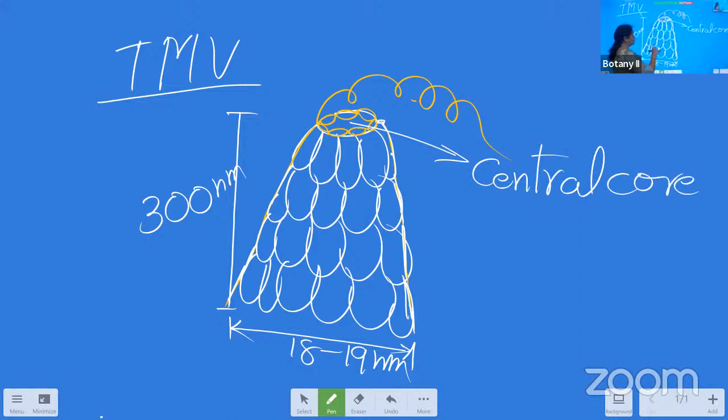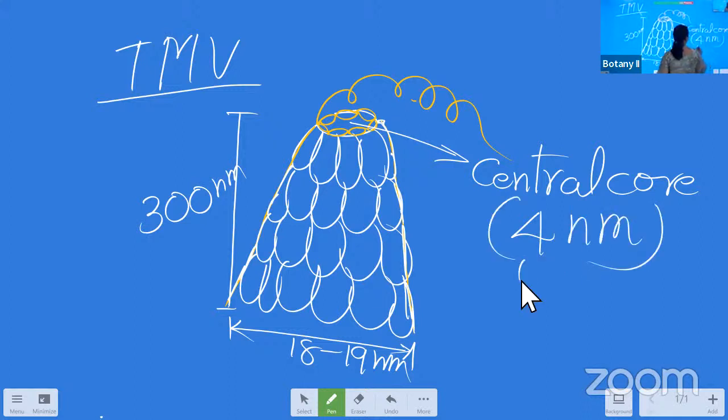In that same point, we have to write the diameter of the central core, which is 4 nanometers. The diameter of the central core is 4 nanometers. Now that point is finished.